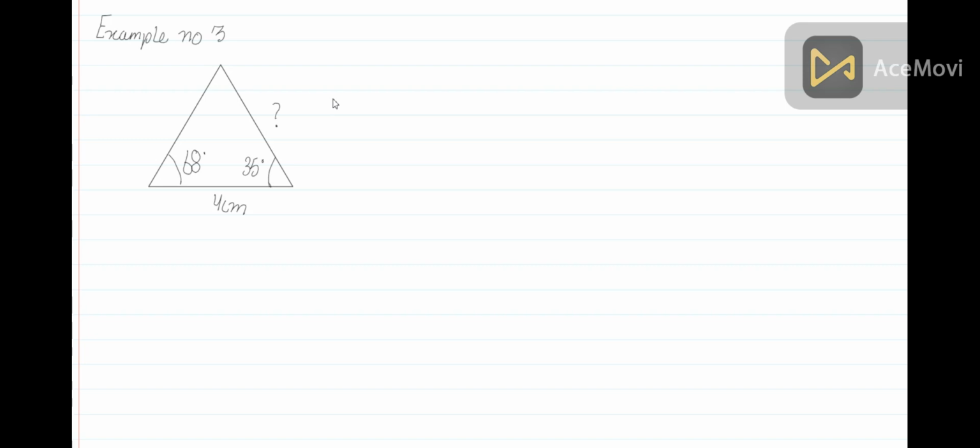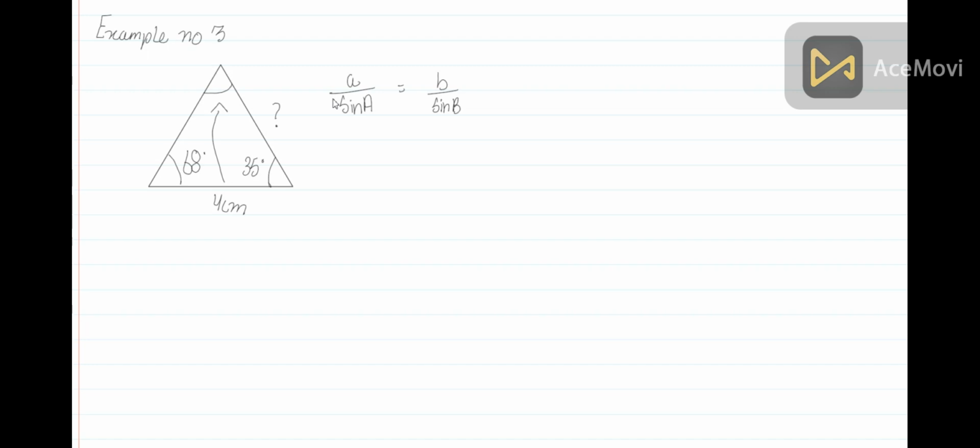Whenever you have to find out the length, we have to use the second way of the ratio, that is a upon sine a is equal to b upon sine b. In this example you have to find out the length, so we write the second way of writing the ratio.